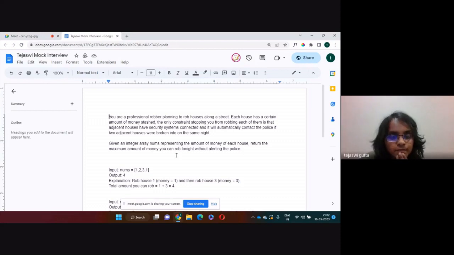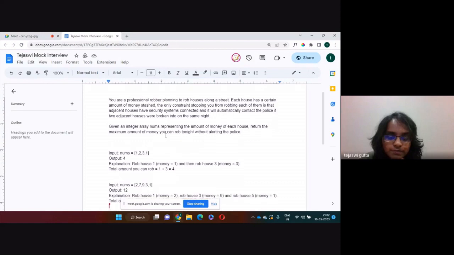So you are a professional robber planning to rob houses along the street. Each house has a certain amount of money stashed. The only constraint stopping you from robbing each of them is that adjacent houses have security systems connected, and it will automatically contact the police if two adjacent houses were broken into on the same night. Given an integer array representing the amount of money of each house, return the maximum amount of money you can rob tonight without alerting the police.